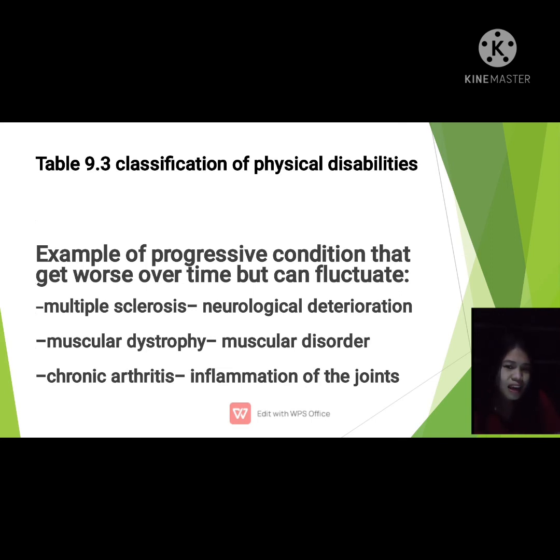Next naman, alamin natin kung ano nga ba yung muscular dystrophy. Muscular dystrophy is a group of diseases that cause progressive weakness and loss of muscle mass. Next naman, ang muscular disorder.